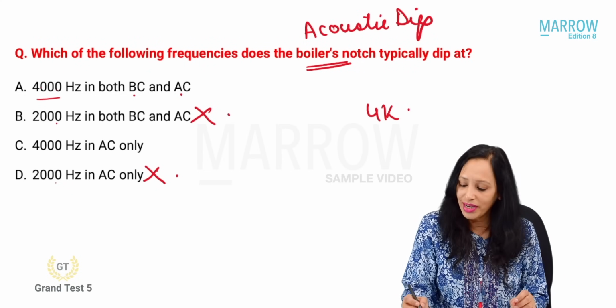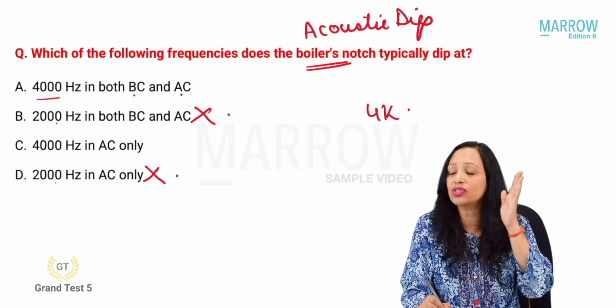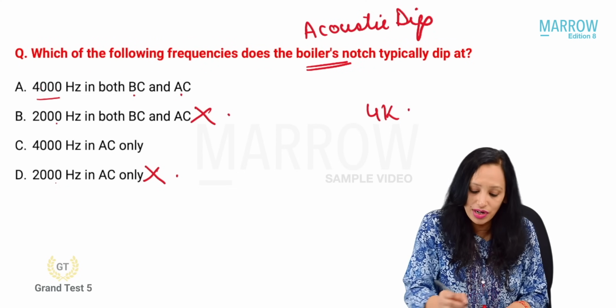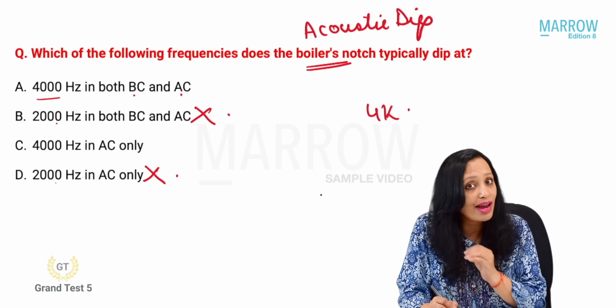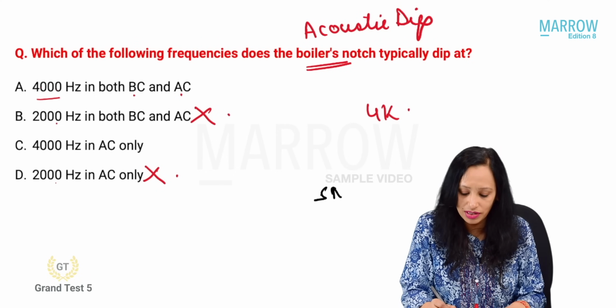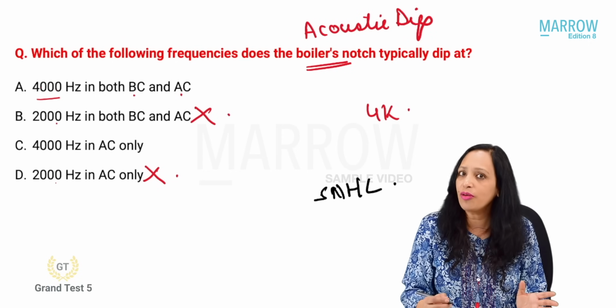This noise induced hearing loss, acoustic dip, is it a conductive hearing loss or is it a sensorineural hearing loss? It leads to sensorineural hearing loss. Noise induced hearing loss damages outer hair cells. So that is what hearing loss? Sensorineural hearing loss. Okay, in sensorineural hearing loss, what will be affected?